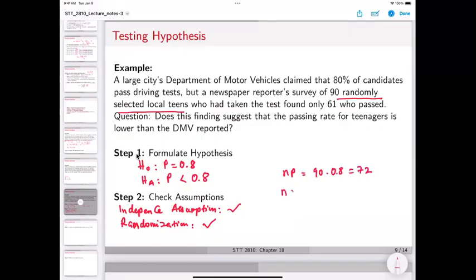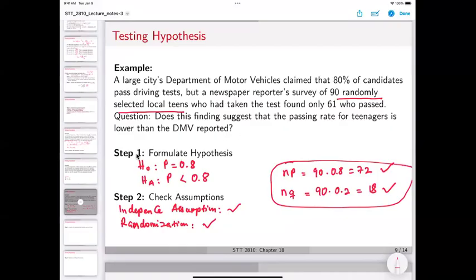We also check n times q, which is 90 times 0.2, which is 18. So we can see that both of them are greater than 10 because the assumption says that both should be at least 10. And so this assumption has also been satisfied.